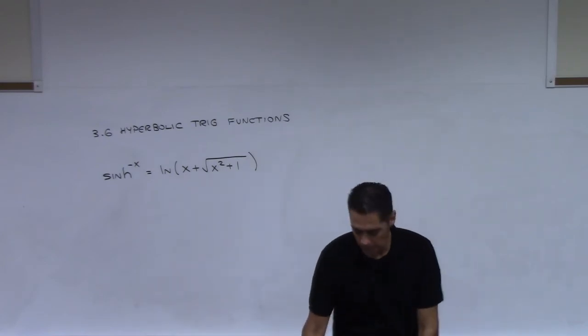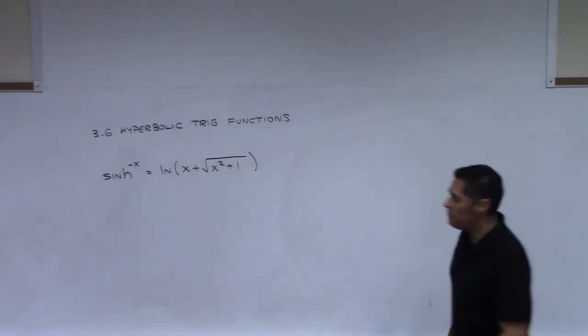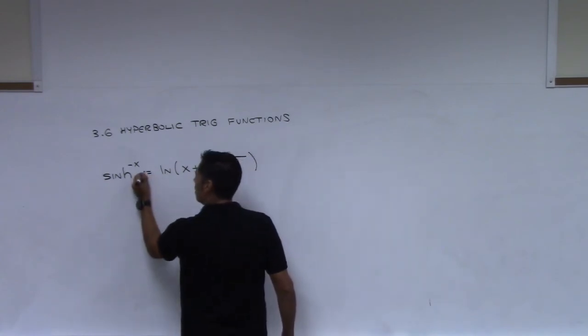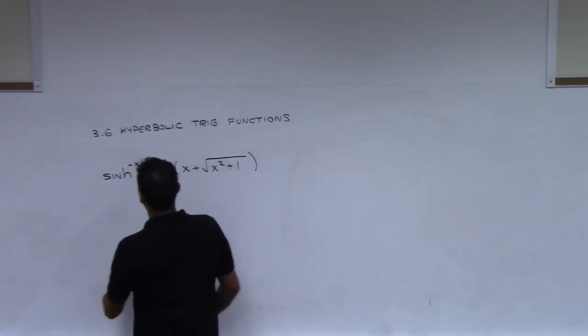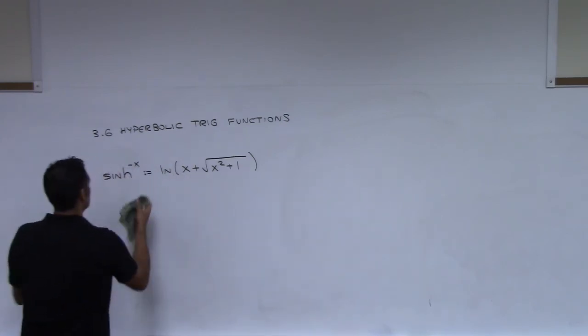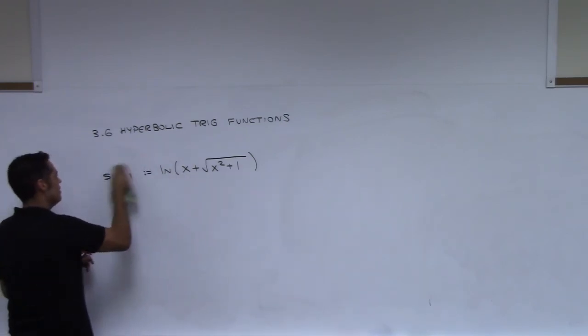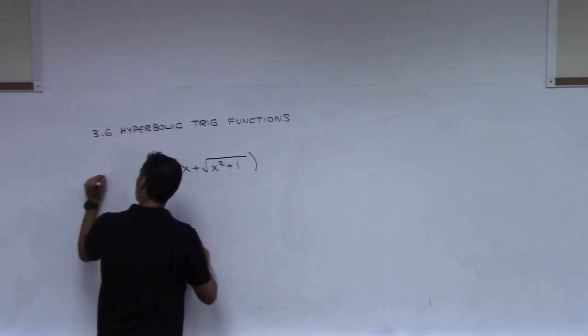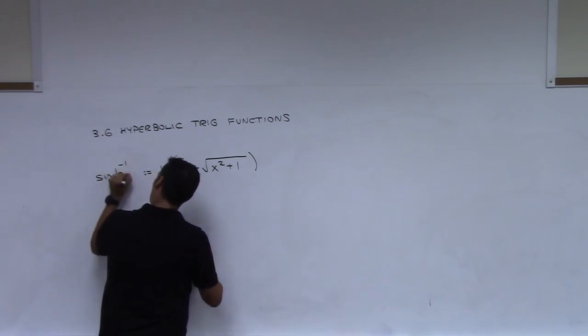There we go. That is the definition. Yeah, that should be negative. Sine hyperbolic negative 1 of x.